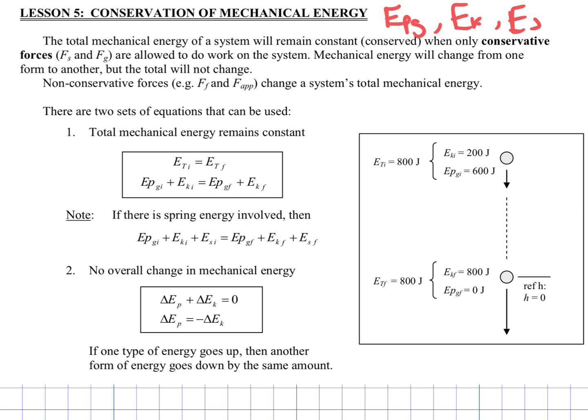That has to happen when we're dealing with what we call conservative forces, or in other words, internal forces. If we start talking about non-conservative forces, that would be external forces, then we do not consider the total mechanical energy to be conserved.